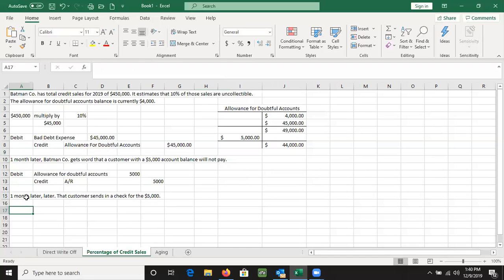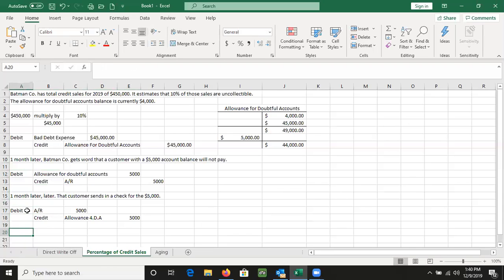So you wrote off their account, accounts receivable, we credit it here. Under this method, what you would first do is reverse this. So we're going to debit accounts receivable, get it back on the books, and we're going to credit allowance for, I'm going to abbreviate this, doubtful accounts.